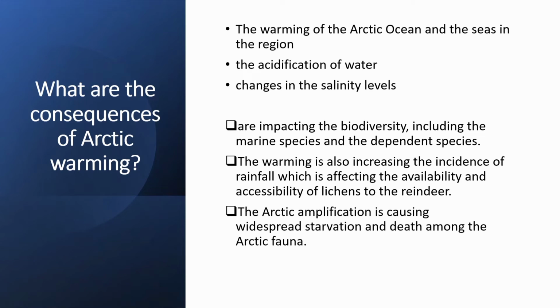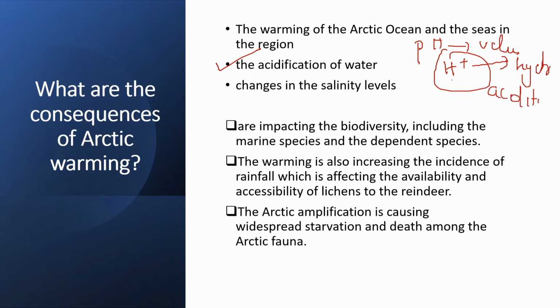Another impact of this Arctic amplification is, first, the acidification of water. What do we mean by acidification? Acidification is nothing but a reduction in the pH value of the ocean water. When there is an increase in temperature, there will be more and more H plus ion formation. This hydronium ion formation will lead to more acidity in the overall water.